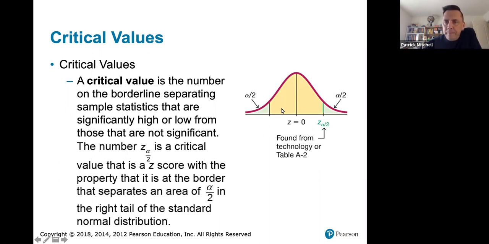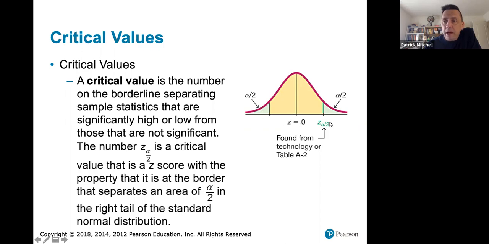In this picture, we're trying to find a value of z such that that value of z and its opposite over here contain, let's say, 95% of the data in the middle. So in the example of 95%, 1 minus alpha would be 0.95, which means alpha would be 0.05.